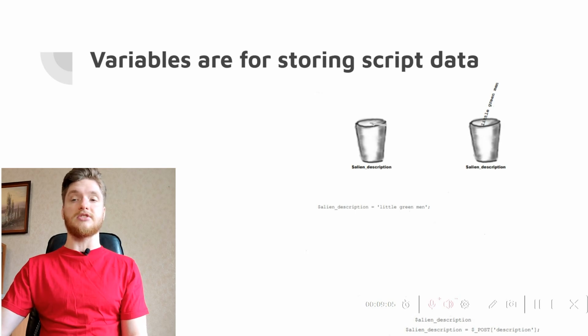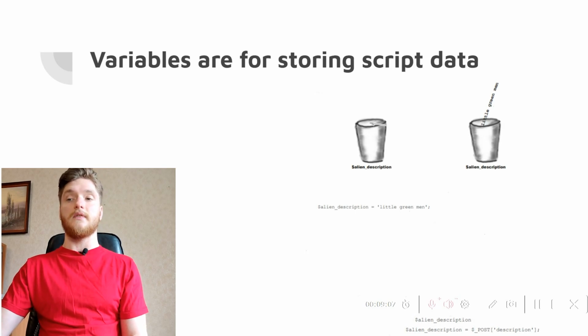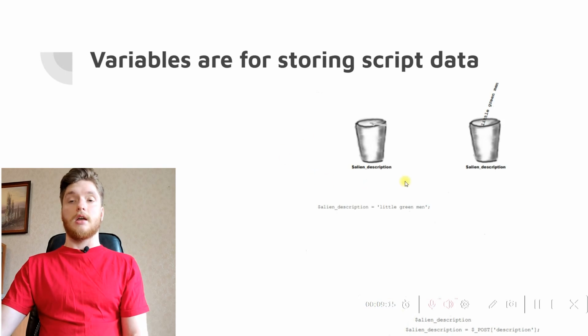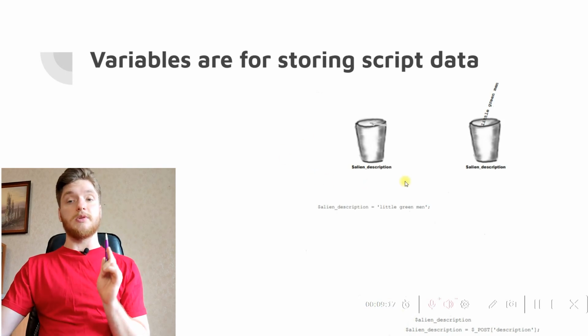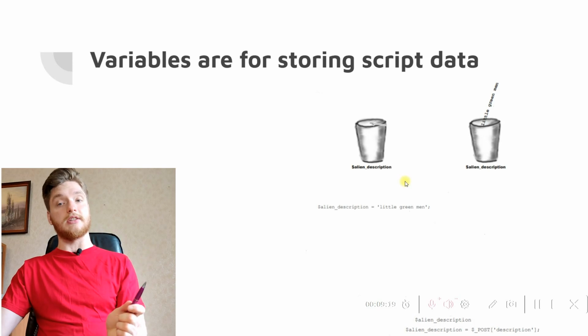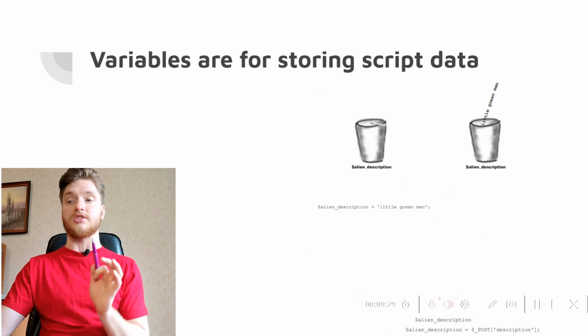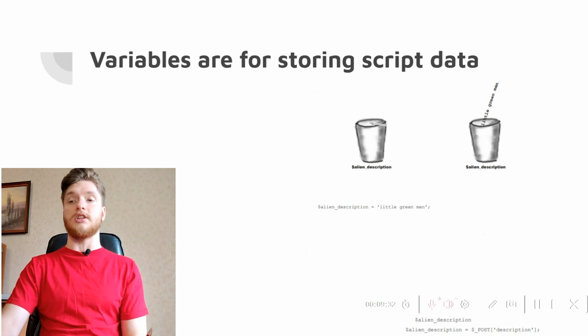One way to fix this script would be to just assign the exact string we're expecting to the $alien_description variable, like this. And the equal sign tells PHP to assign the value to the right to the variable on the left. Pieces of text in PHP, also known as strings, must always be enclosed by quotes, either single quotes or double quotes.